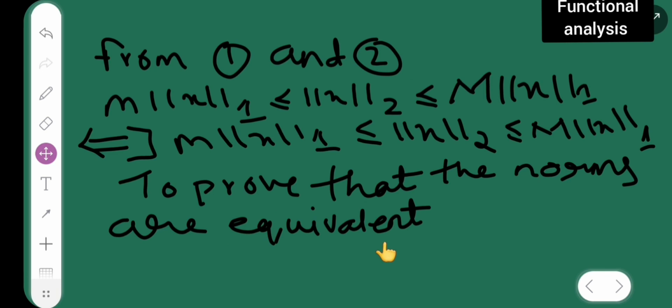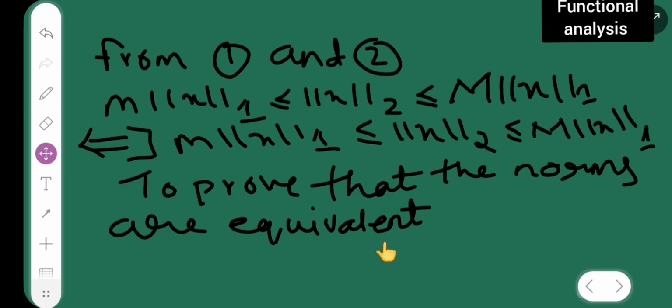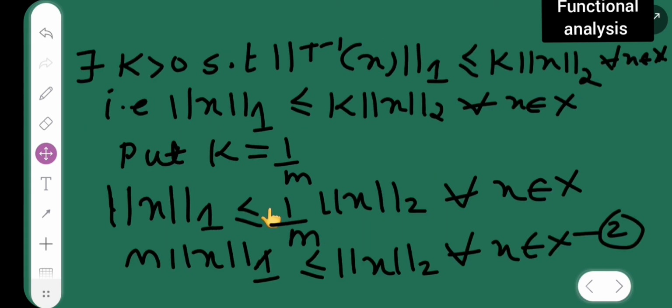And what about the second part of it? Norm of x1 is less than or equal to this. It is from here, this part.